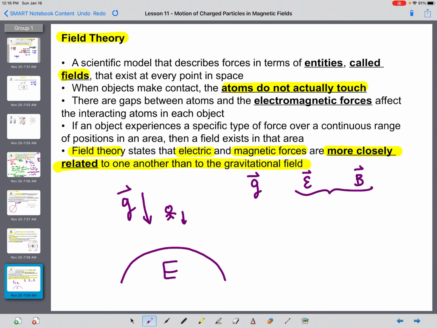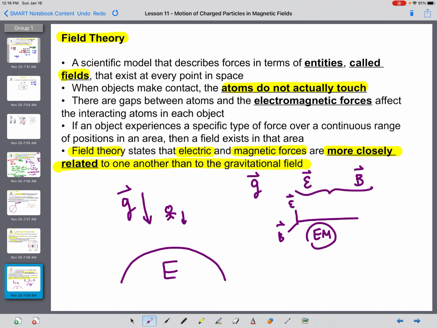The field theory is saying that the latter two are more closely related to each other, mostly because of this thing called electromagnetic radiation. And that's why they're always grouped together, just because they're so closely related. Basically, if you have one, you always have the other.